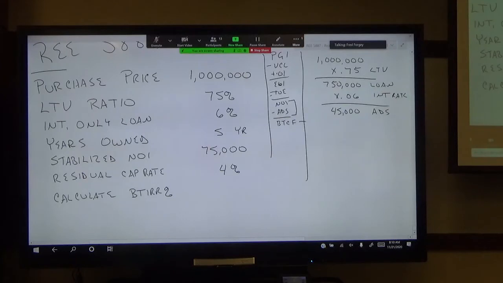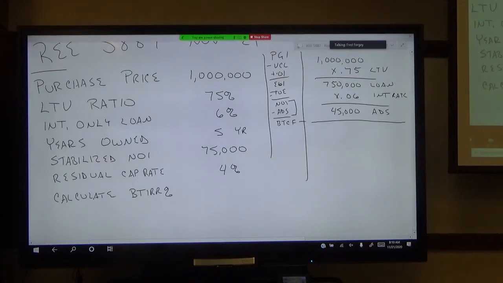All right, so given that we've got that, what you're going to do is, if you say net operating income is 75,000 and annual debt service is 45,000, then we're left with 30,000 as a before tax cash flow.